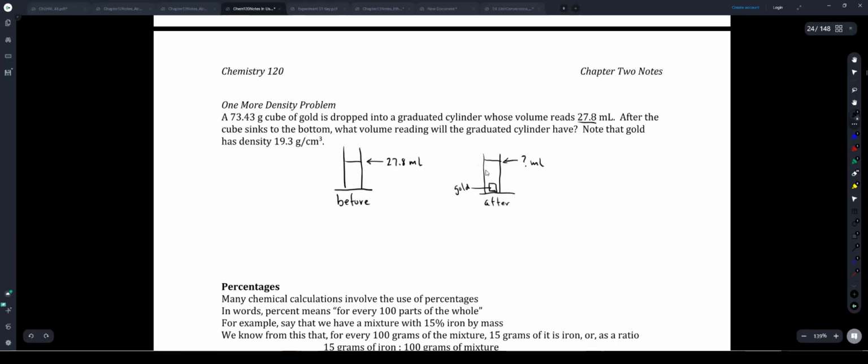It's still 27.8 mils, right? The gold doesn't suddenly change into water. So the water is 27.8 milliliters, but it rose by the volume of the gold. So this number right here is going to be what?